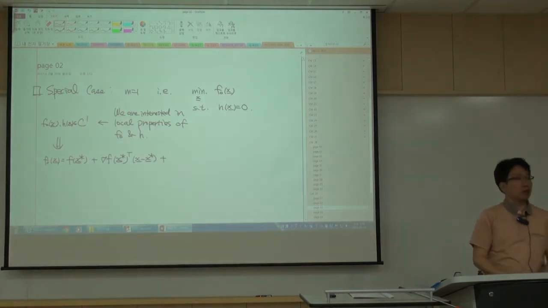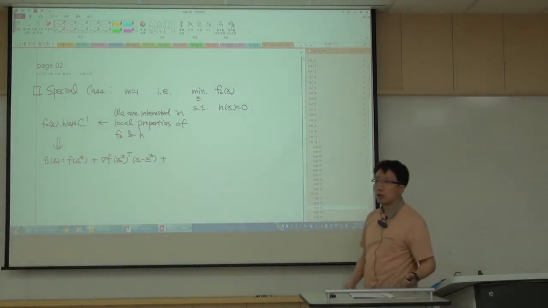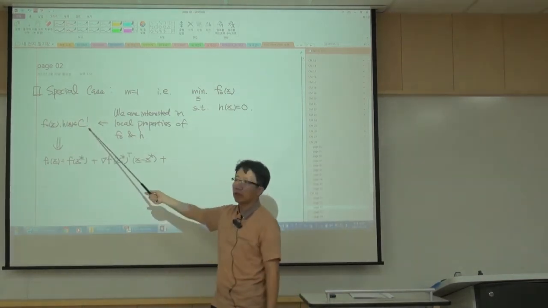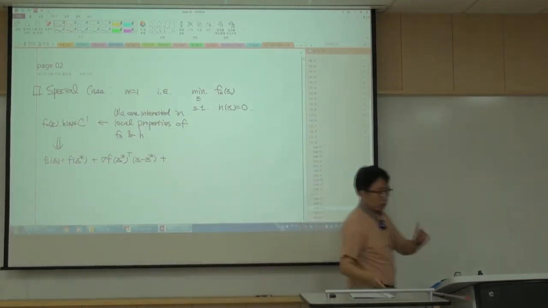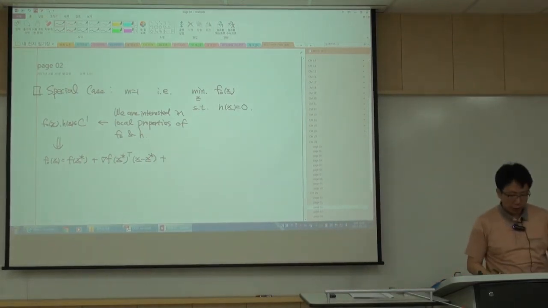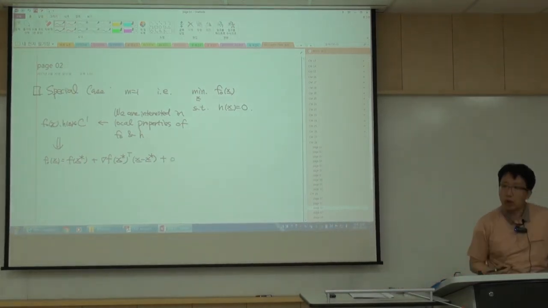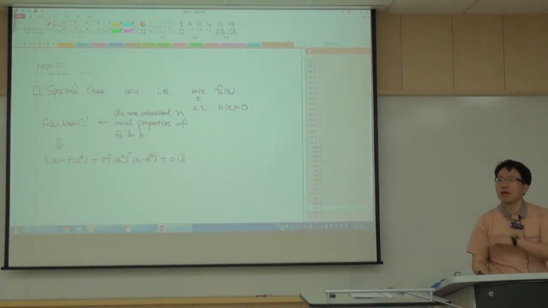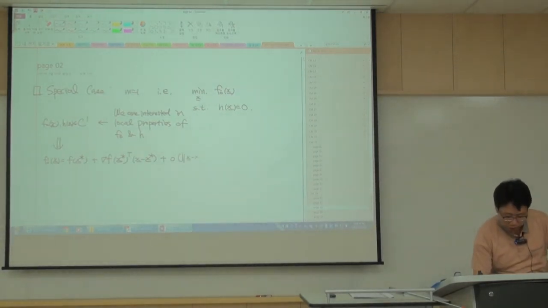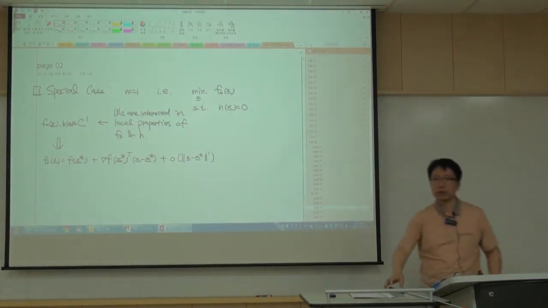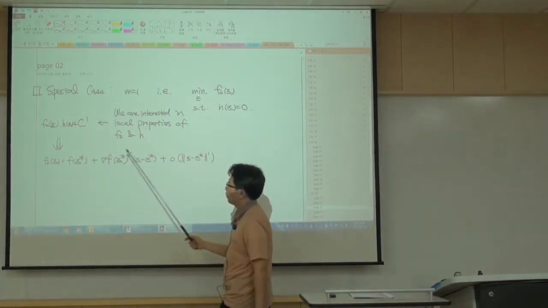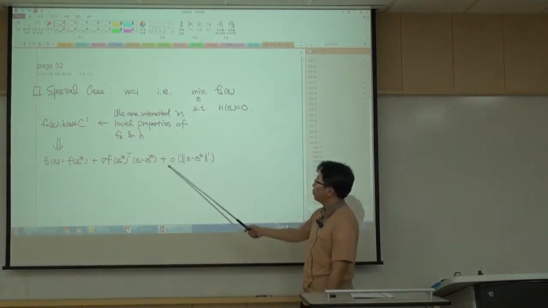Now can we differentiate once more? No, we assumed f0 is in C1, just continuously differentiable one time. So here goes our little o. You may hate this, but anyway, we are going to ignore it. And little o of 1. Since f0 is C1, we have up to first order and little o of 1.